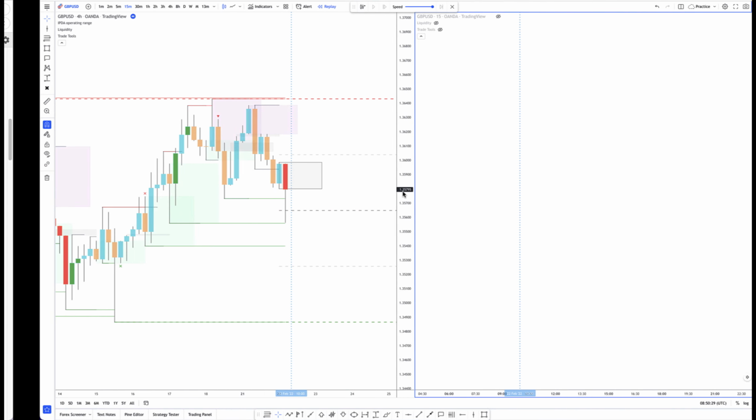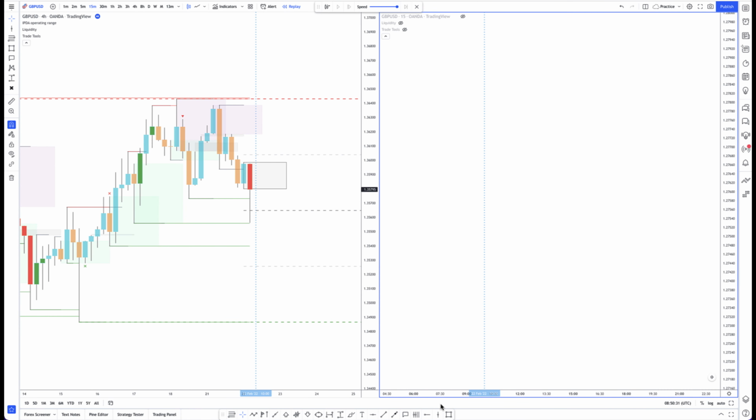Feb 22, 10:30. That's interesting. Only 3 candles required to break.